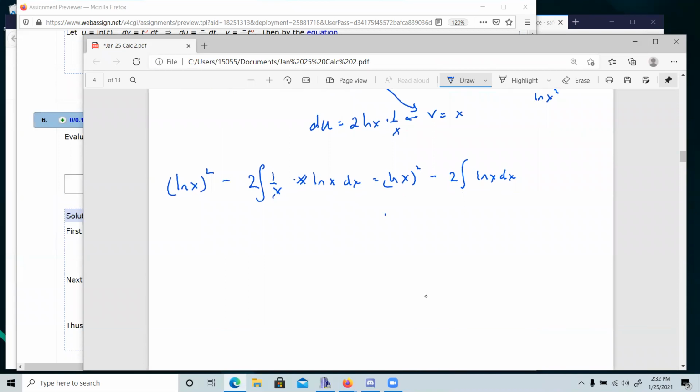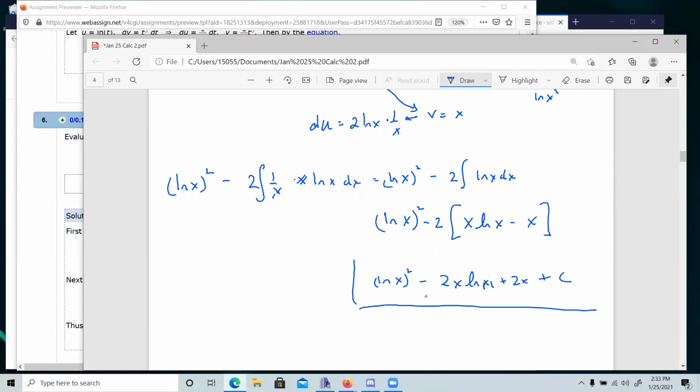So in the interest of time, because I think we've done this twice now, this is going to be minus 2, and we have x ln x minus x. So here we go with this. We have ln x squared minus 2x ln x, plus 2x, plus c. Lots of different ways to write that. Knock yourself out.